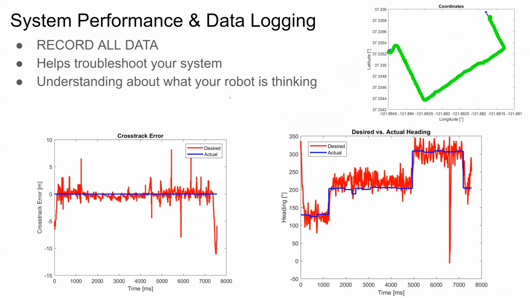So once you have your system completely done, a really, really important thing to do is to record your data. I found this out just through kind of trial and error, that recording data from all your sensors, all your calculated outputs, and your inputs is really important.